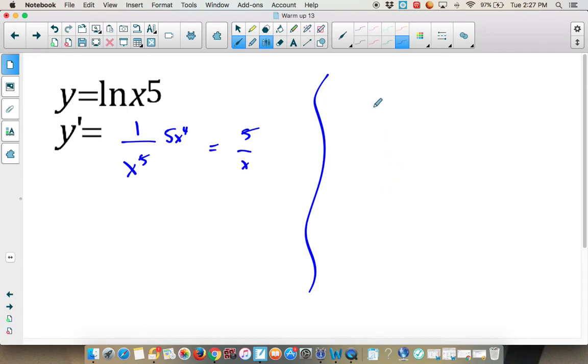If I had remembered that y equals ln x to the 5th can be rewritten in its expanded form as 5 ln x, then I take the derivative, that's 5 over x. The chain rule has to apply. If you didn't apply the chain rule, you're not going to get the same answer. Two different ways to do the same problem. It is easier to expand your logs before taking the derivative.